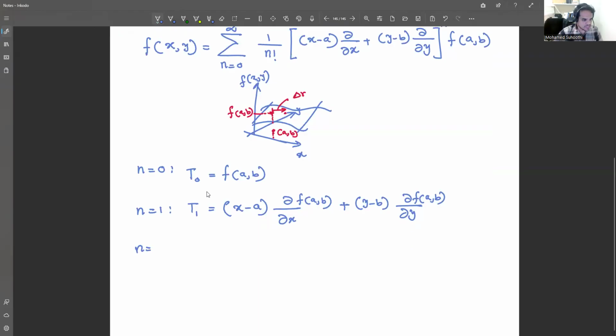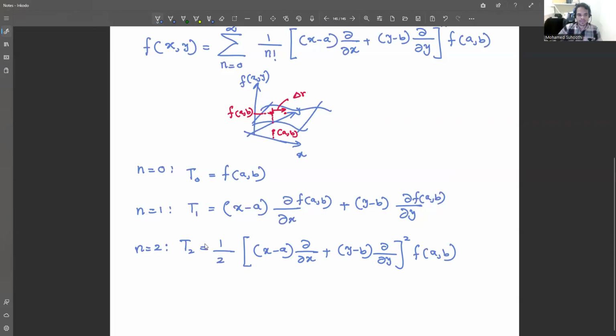So let's say n equals 2. That means T2. When you substitute n equals 2, the second order term, 1 over 2 factorial is half. So this will be half of ((x minus a) dou x plus (y minus b) dou y) squared acting on f of (a, b). This is just an expansion, (a plus b) whole squared.